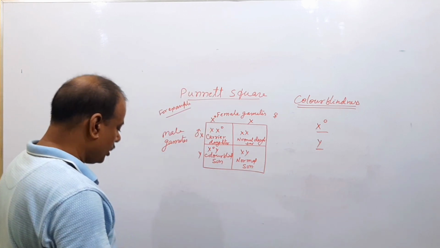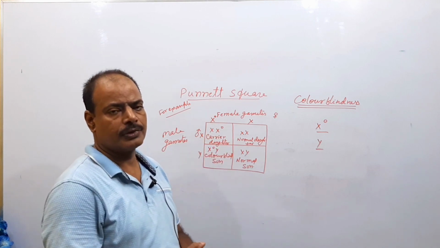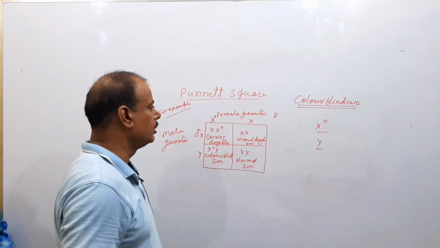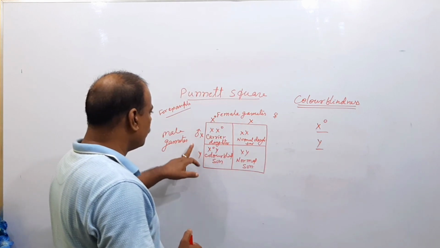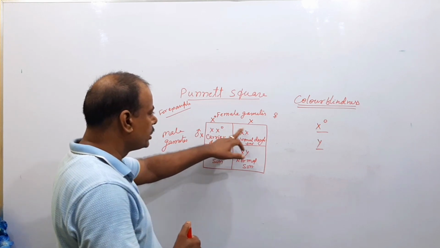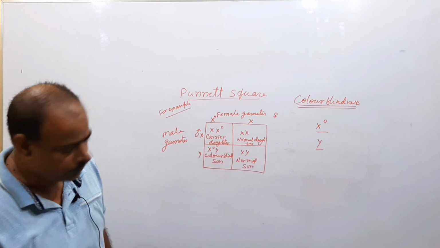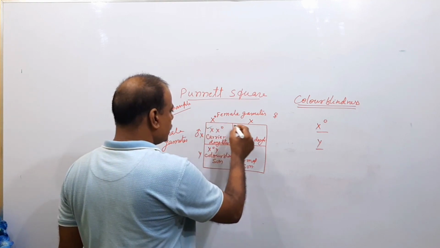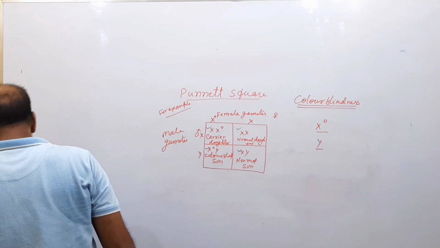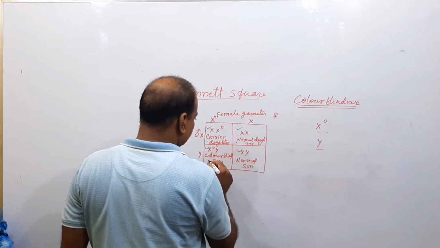So in this way, Punnett square helps in the study of any type of genetic disorder or inheritance in a family when a male and female are crossed with each other. Here these are the four offsprings. Here genetic combinations, these are the genotypes, and these are the phenotypes.